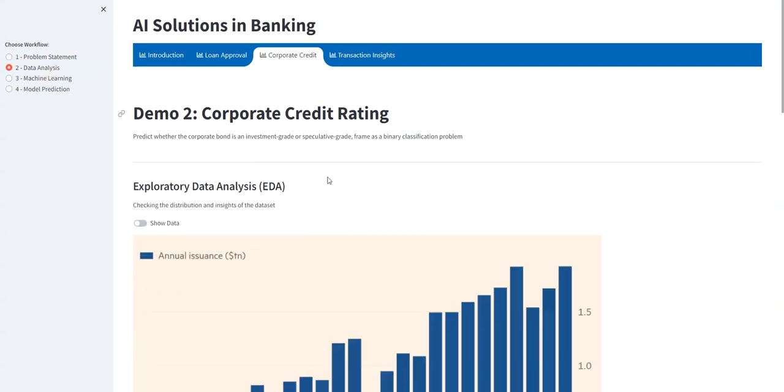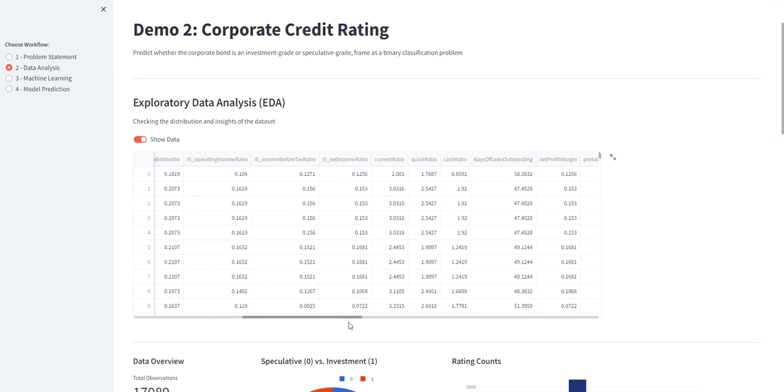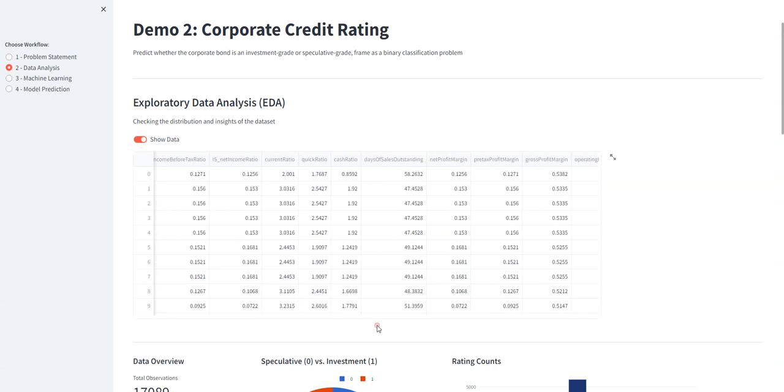The data is gathered from the public financial statements, from the Fitch, Standard and Poor's, and Moody's rating agencies, and we also do web scraping on the financial statements of U.S. public listed companies. These are 10-K financial statements that you can gather online.